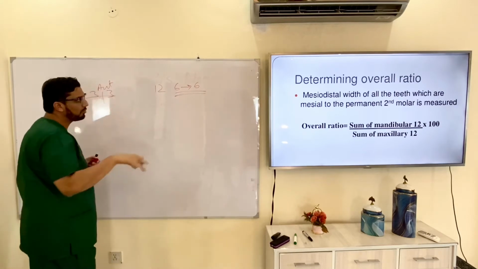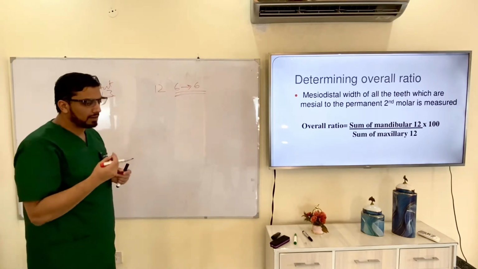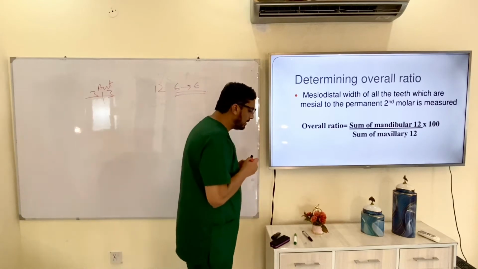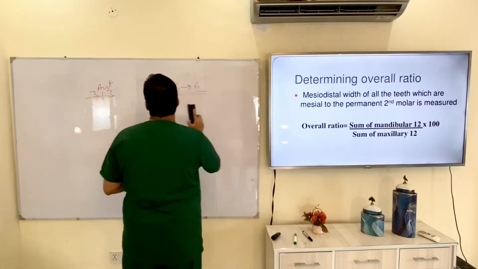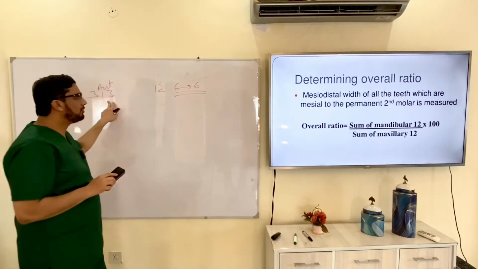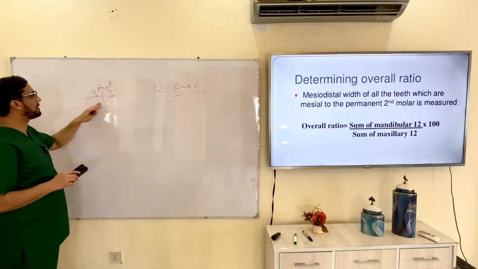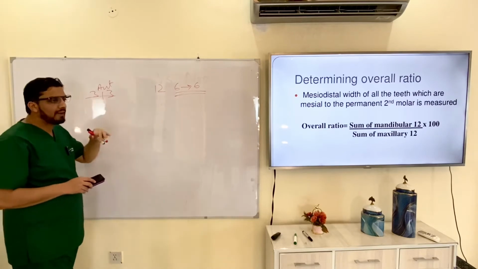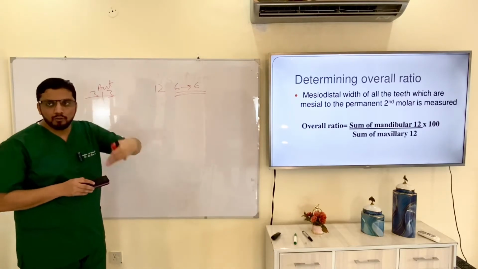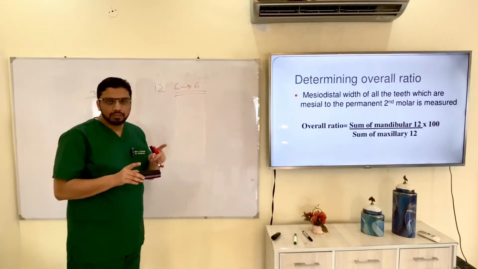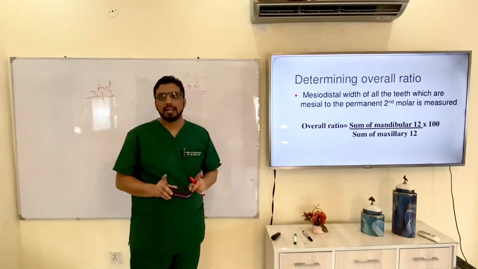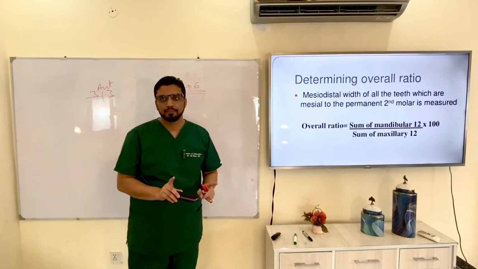Why is the Bolton discrepancy so important in the anterior zone? Because if you have this discrepancy in the anterior zone, your midline would not match. You would have slight overjet, slight overbite, slight crowding of the teeth, and your microaesthetics may be compromised.